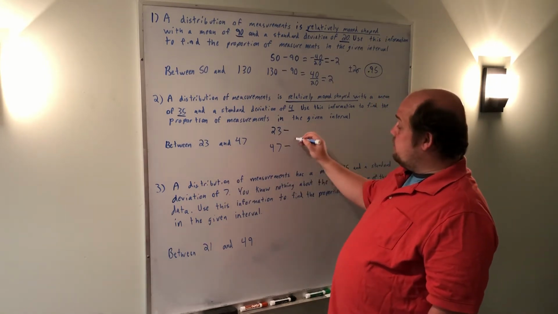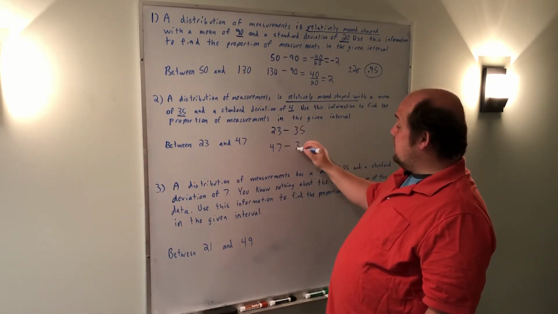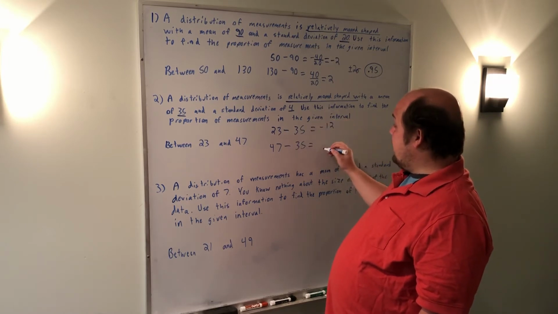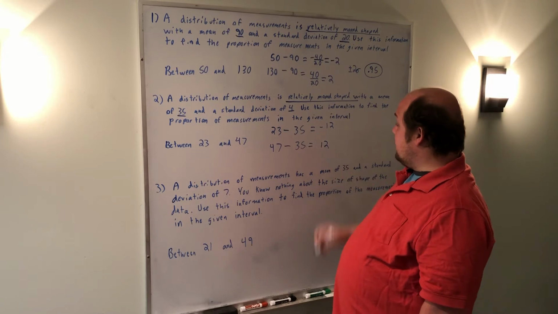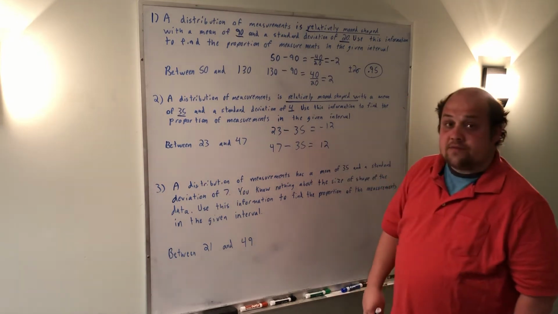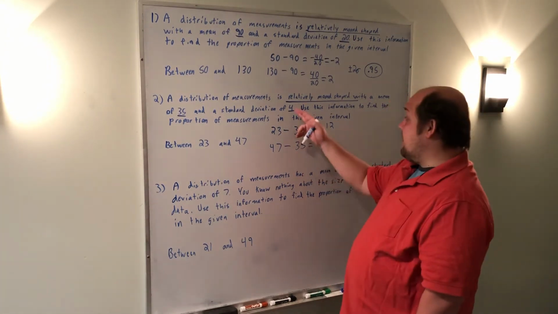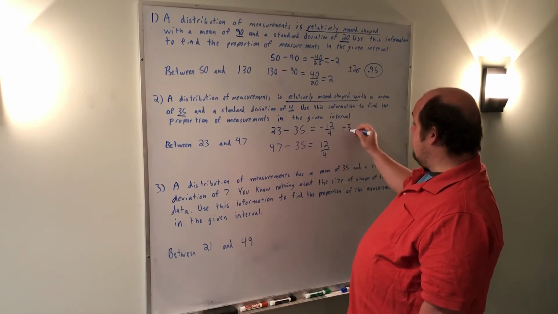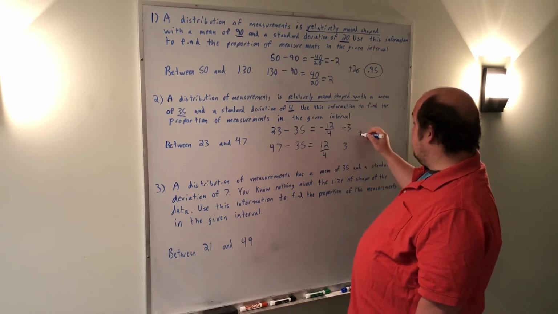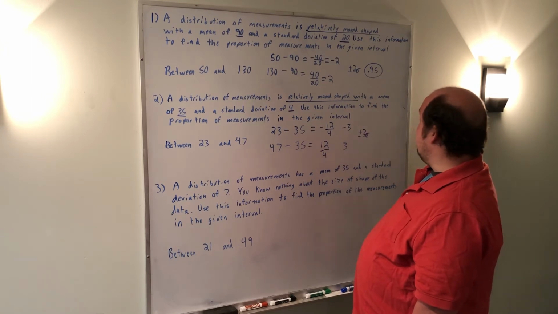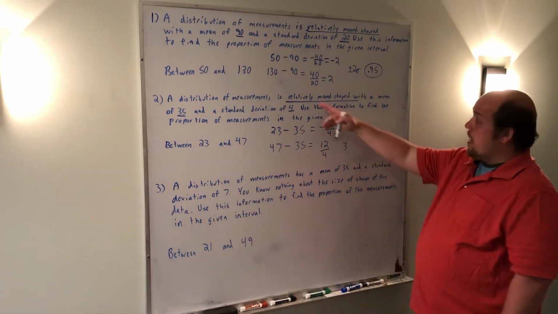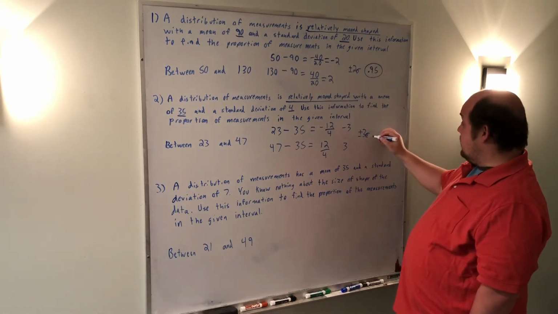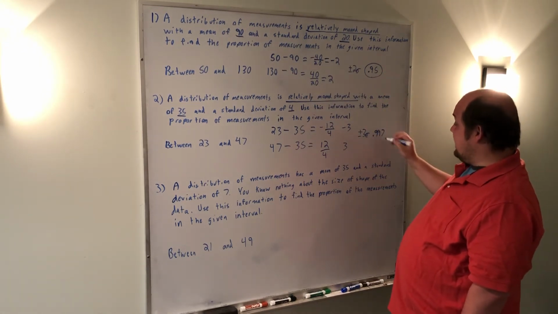From that, I'm going to subtract the mean that was given to me as 35. 23 minus 35 gives me negative 12. 47 minus 35 gives me positive 12. If I then divide by the given standard deviation of 4, that's how I get negative 3 and positive 3, telling me that I went plus or minus 3 standard deviations. Again, the relatively mound shape tells me I'm in my empirical rule column, so that should line up to 0.997 as my proportion.